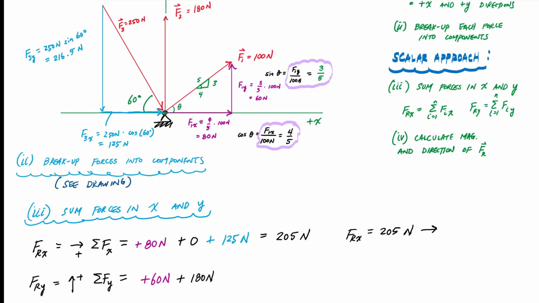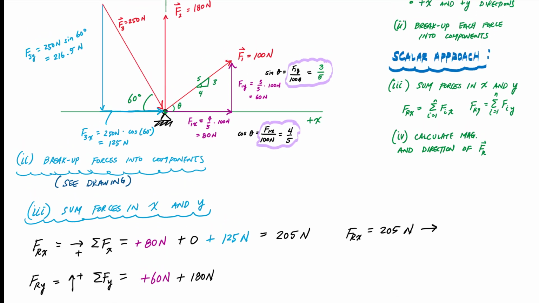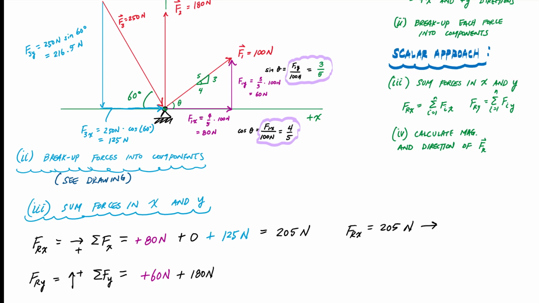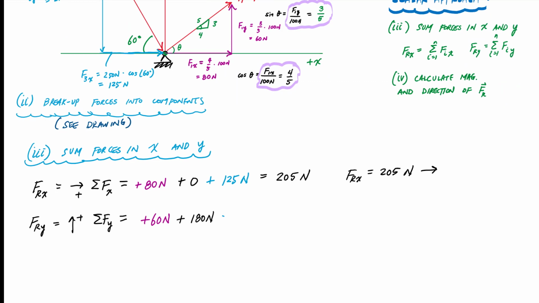And then F3y is 216.5 newtons pointing straight down. So that is negative 216.5 newtons. And when I sum all that up, I'm going to get a result of positive 23.5 newtons, which is the same as FRY is going to be 23.5 newtons pointing upwards.